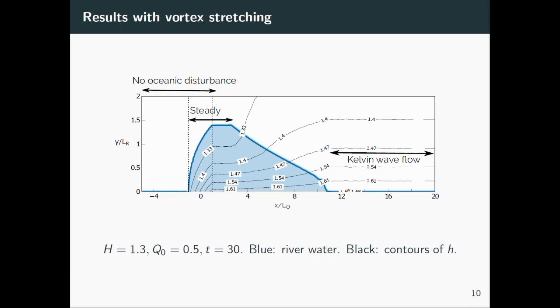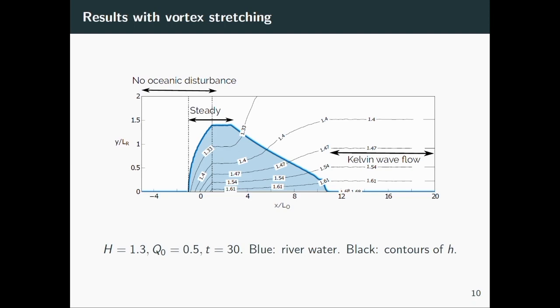So here's a picture of some results with reinforcing dynamics. H is greater than 1, and the river water has deepened as it comes out. Blue shows the extent of river water, and black contours are the depth of the river water and the ocean layer. And the source is between these two dashed lines at plus and minus 1. Because in this case of fluid column stretching, both the Kelvin wave and the vortical turning are pointing in the same direction, everything is sending fluid to positive x, and there's no disturbance upstream of the source.